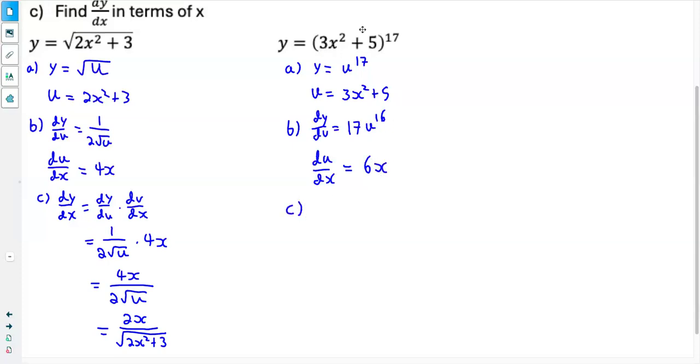Now, the overall derivative of this, dy over dx, is equal to dy over du times du over dx. So dy over du was 17 u to the power of 16, and then that's times the 6x, which would be our du over dx.